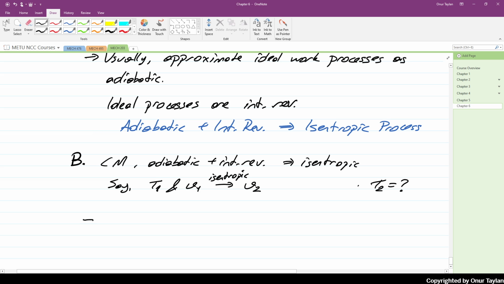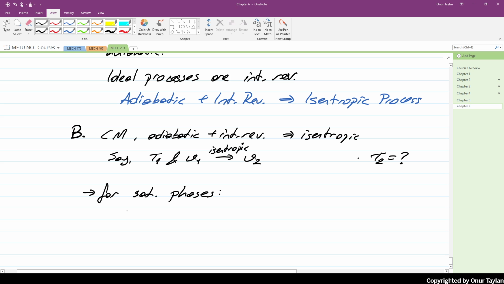For saturated phases, if you are using saturation tables, this is straightforward actually. You have state 1, you have state 2, temperature, specific volume, and S. Let's make a state table. You are given temperature and volume at state 2, right?